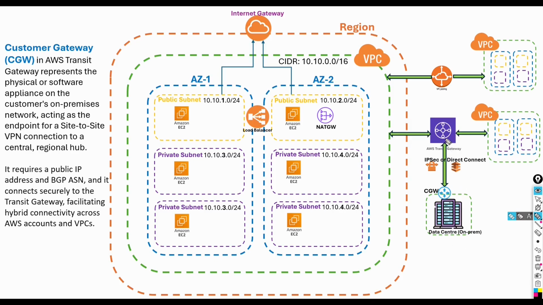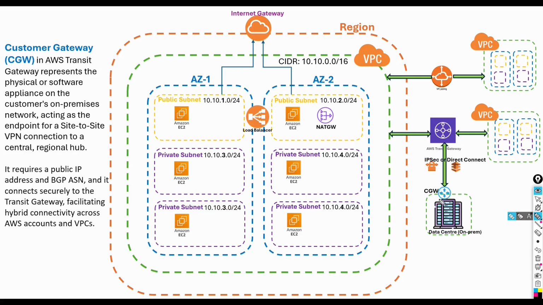There is a VPN connectivity between transit gateway and the CGW, or we can use Direct Connect. This is the dedicated WAN connectivity which we get from the ISP, and it is more secure, like IPsec, and we can form the connectivity between transit gateway and the CGW.